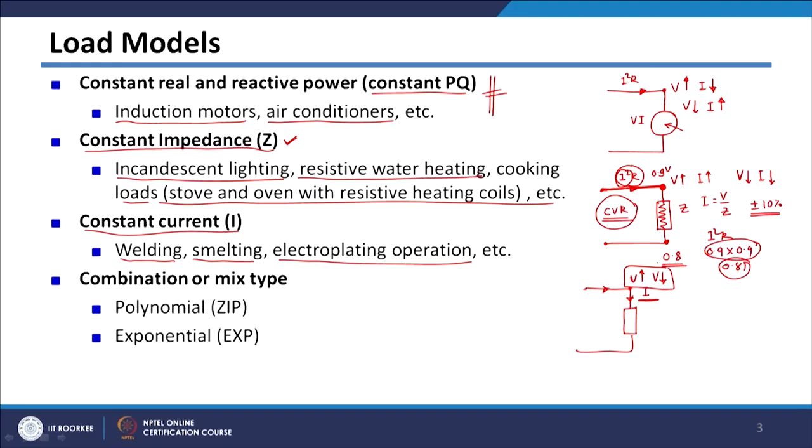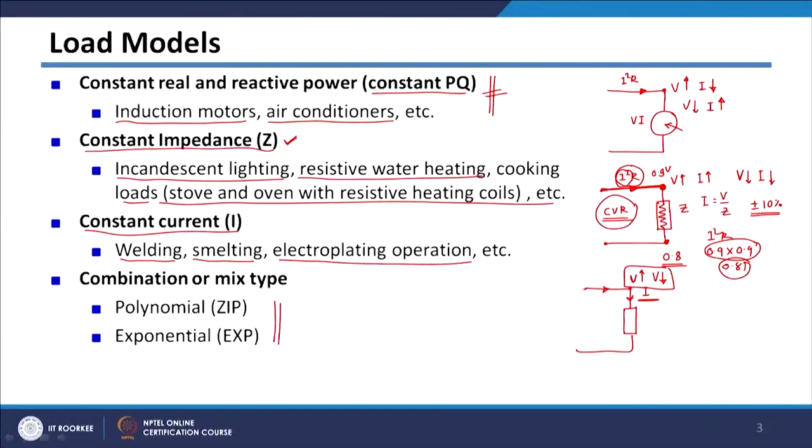However, when we consider load for load flow analysis or any type of analysis, we take a combination of loads, meaning we do not model each particular device exactly. Instead, we take many devices or many houses together and model them as a lump load at that particular point.